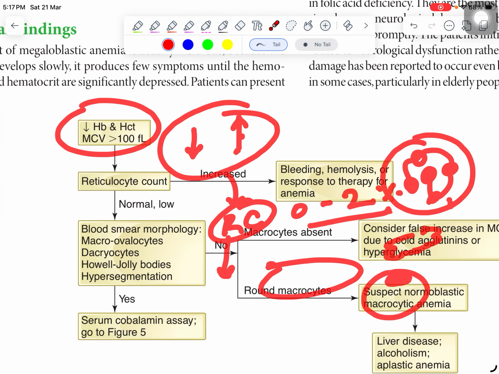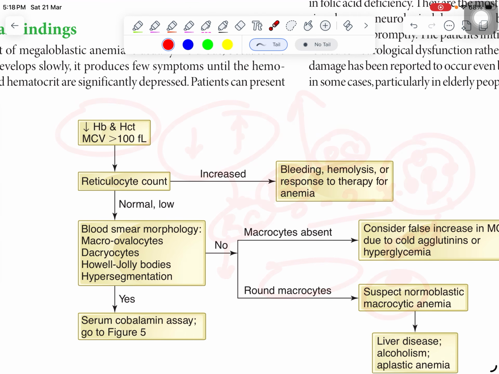So these are the features when the reticulocyte count is normal or low. When the reticulocyte count is very increased, bleeding, hemolysis, or response to therapy for anemia can be suspected.